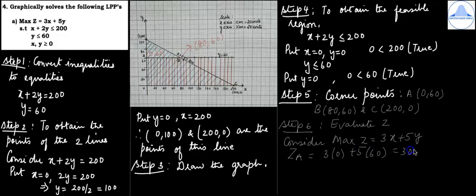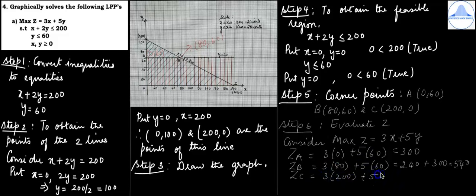So you will get 300. Then ZB is 3 into 80 plus 5 into 60. So it is 240 plus 300, which is equal to 540. And then find out ZC, which is 3 into 200 plus 5 into 0, which is equal to 600.